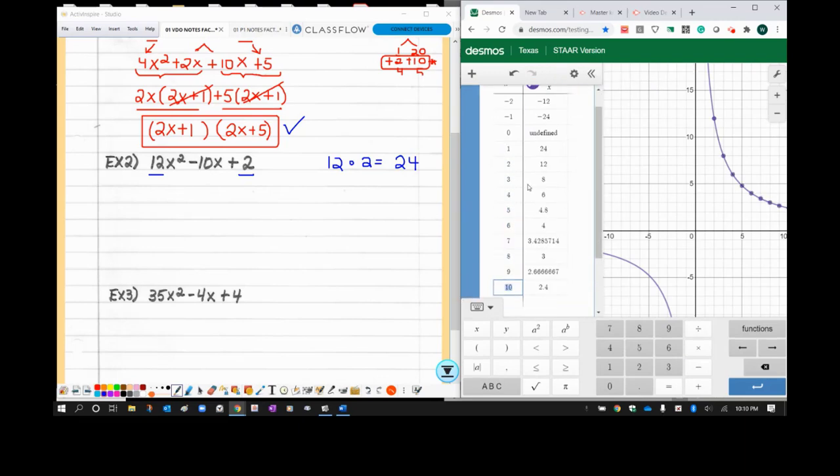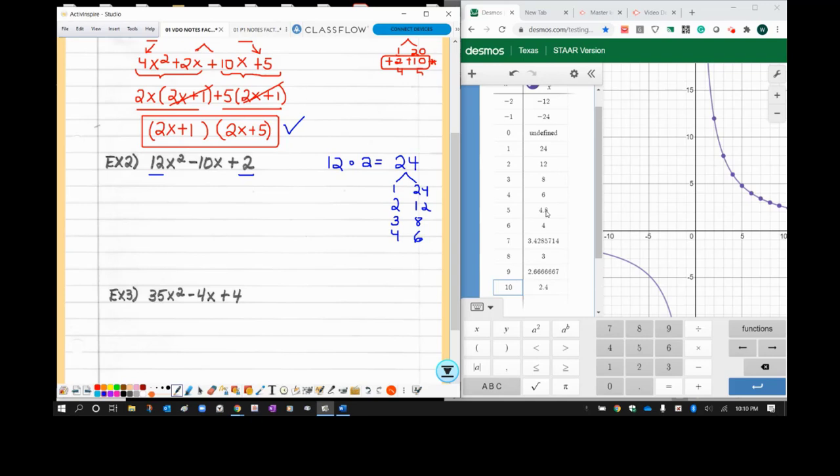That produces our list. You can press enter as many times as you want, but I think 10 should be enough. So let's see. The list starts with 1 and 24, 2 and 12, 3 and 8, 4 and 6.